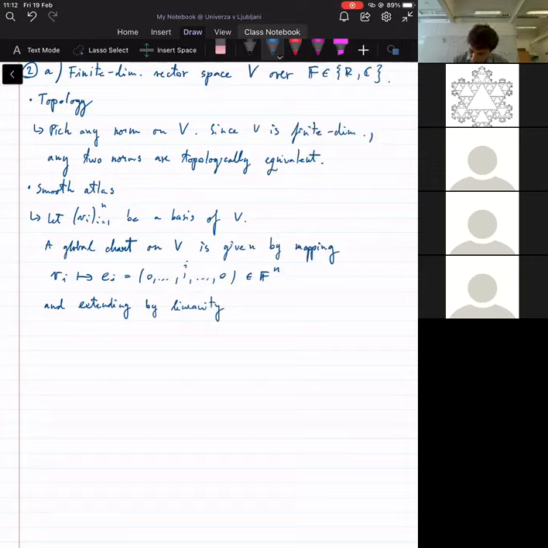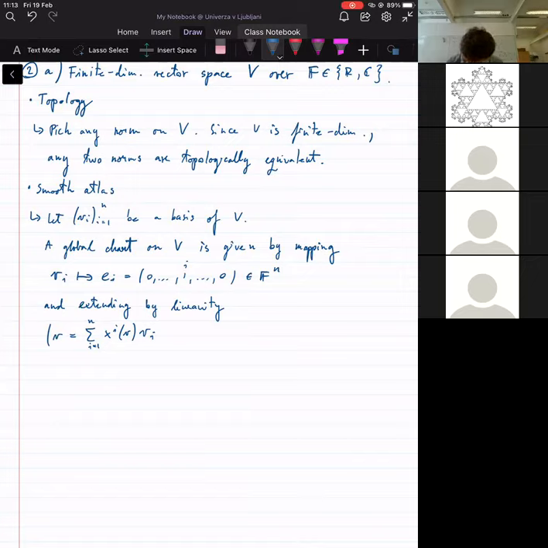So what this means, more or less, is that any vector v may be written as a sum from 1 to n of x^i(v) v_i. These x^i(v) are like components. They are nothing else but numbers that are the factors in the expansion of a vector v with respect to the basis v_i.